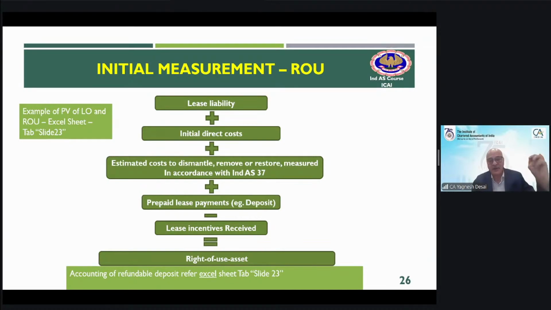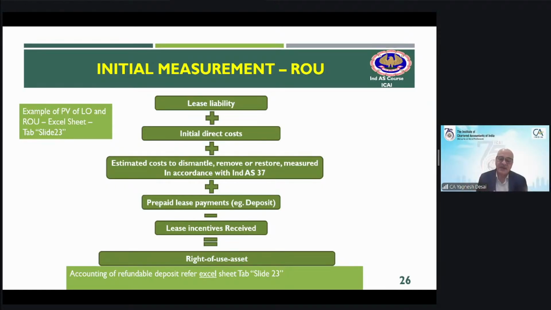Now, dear friends, whenever there is a lease, there is always a lease deposit paid by the lessee to the lessor. These deposits can be of two types: A, refundable; B, non-refundable. If this deposit is not refundable, and is adjusted against the rent, then it is nothing but added to the ROU asset.